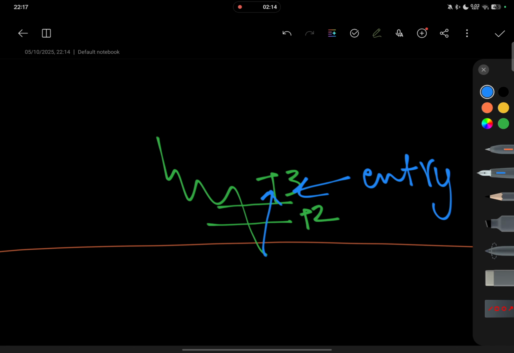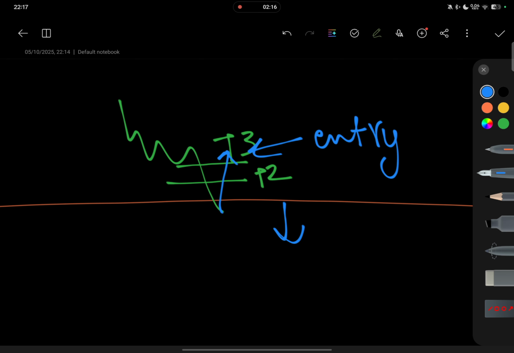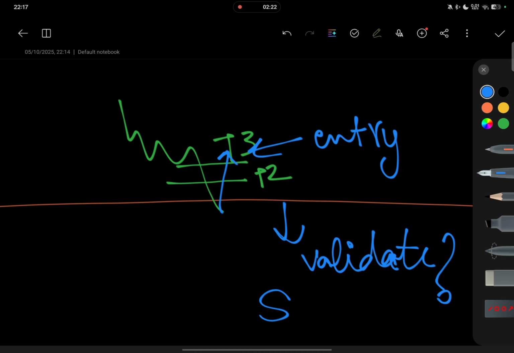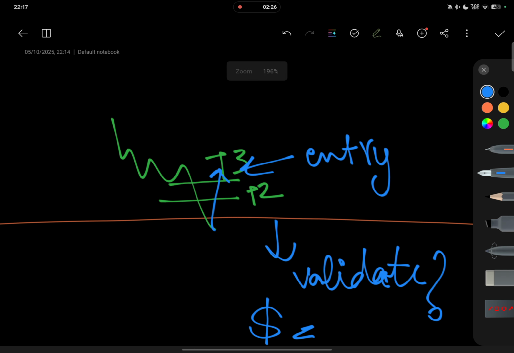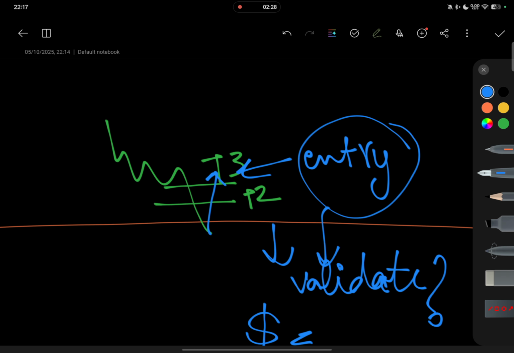And there are many other rules, for example, validating the key level. To validate the key level, it will be liquidity and other confirmation. And then validate the entry model, where there is the OHLC that you have to check.